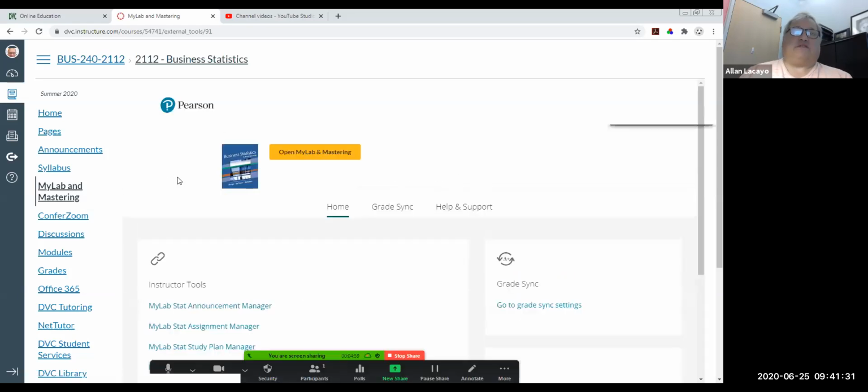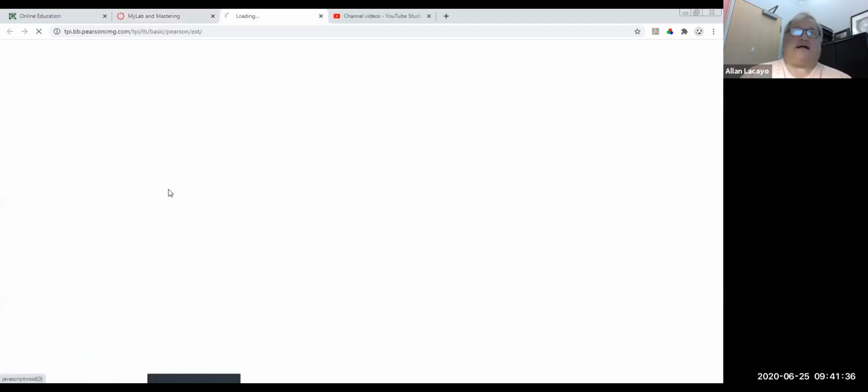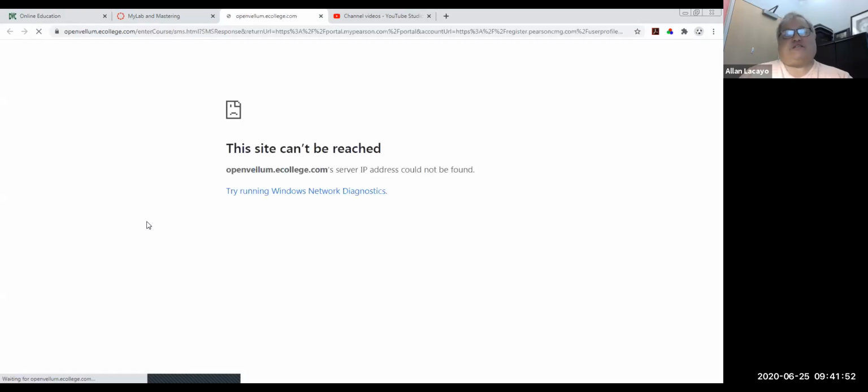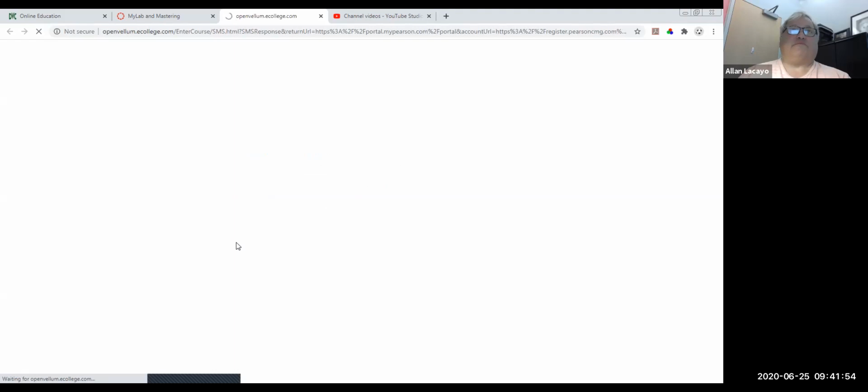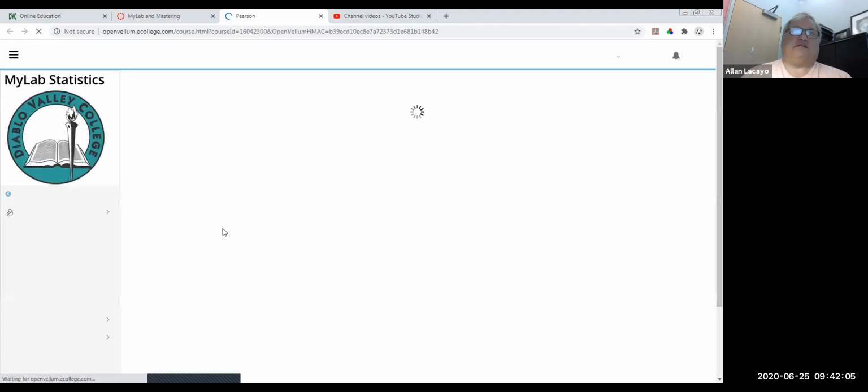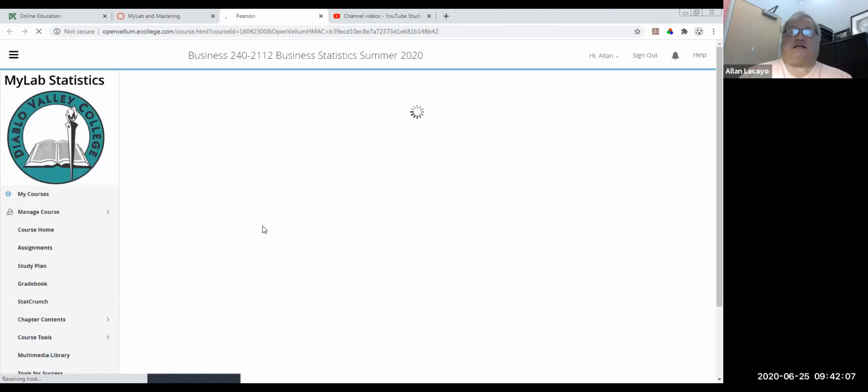On that matter, if you click on this yellow button and Pearson kicks you back as opposed to opening like it seems to be doing for me, you should completely close your browser and clean up your history and your cache, not your passwords, but your history and your cache. In addition, make sure you allow pop-ups, allow ads, allow third-party cookies, allow plugins, and allow JavaScript. And in some browsers, allow Flash Player.